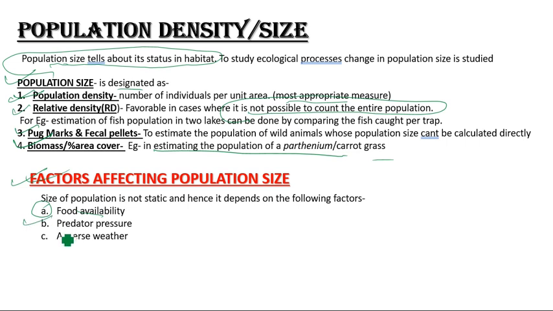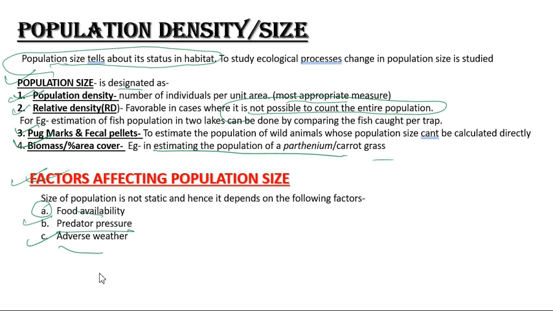Next comes predator pressure. No one will say that in the core region of the Sundarbans there is a large human population. No, that's pathetic. Why? Because if you go there and stay, then the Royal Bengal tigers living there will have a nice dinner with you, okay?